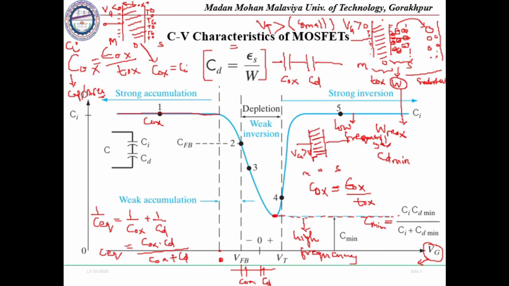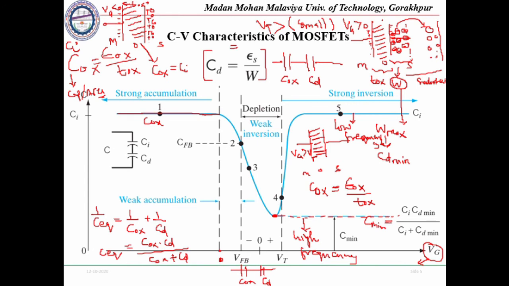That means if VGS is changing very frequently, having high frequency, then once the capacitance value has reached a minimum value, it will not switch back, because of the depletion effect. This depletion width will have some value, and it will be a sufficient value that cannot be ignored.